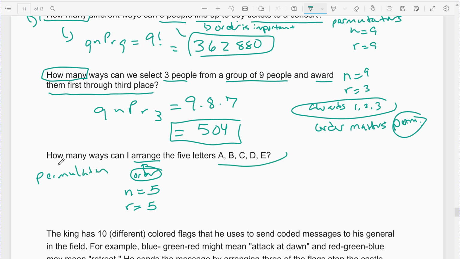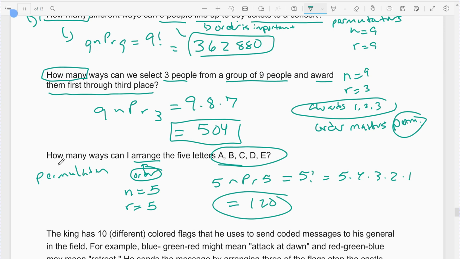I'm arranging the 5 letters, so I'm only picking them once. So this would be a 5 permutation, choose 5, or 5 factorial, or 5 times 4 times 3 times 2 times 1. Gives you the same answer any way you do it. There's 120 different ways I can arrange 5 letters.